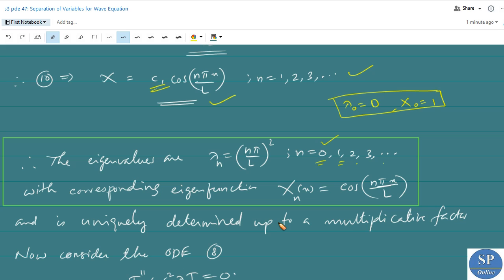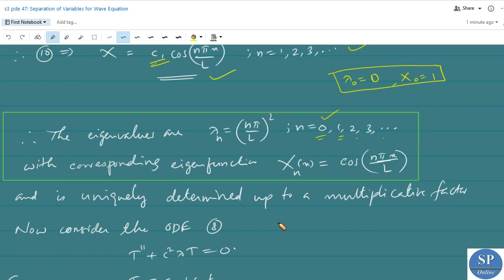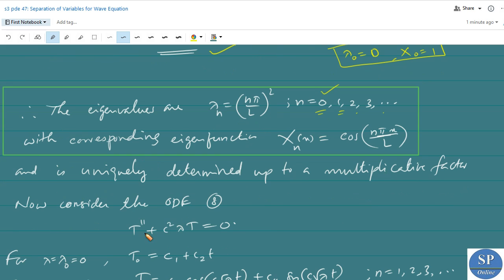Now consider the differential equation 8, the second differential equation in that system, that is with respect to t: T'' + c²λT = 0.